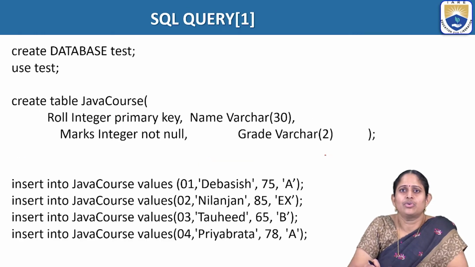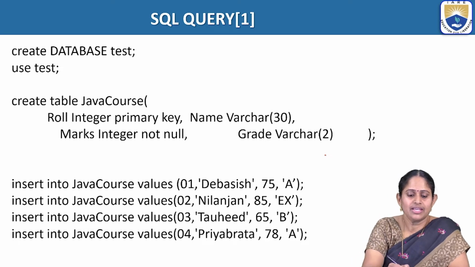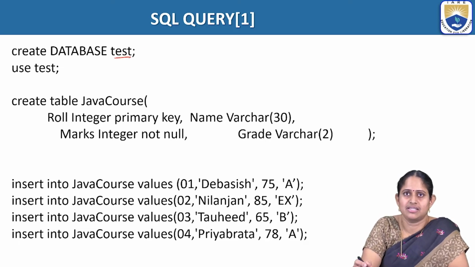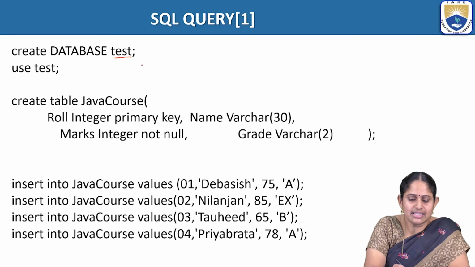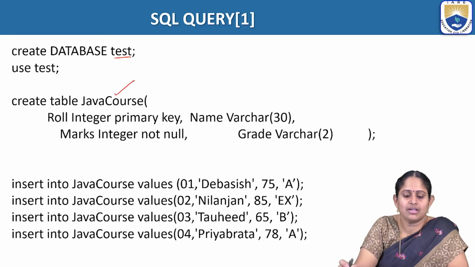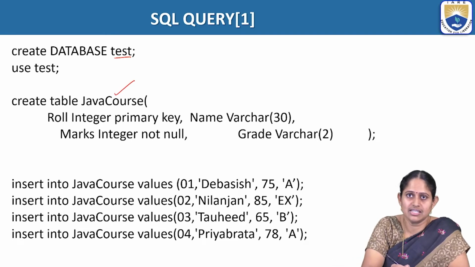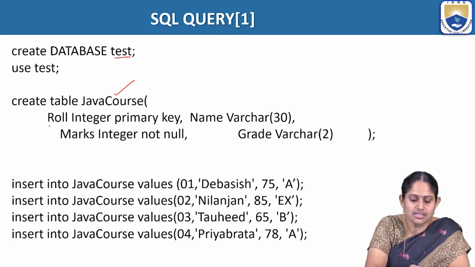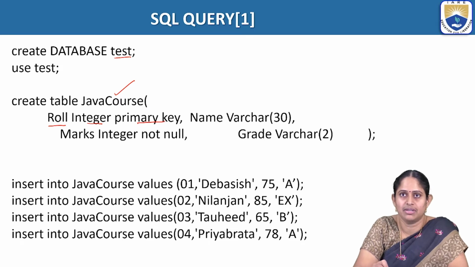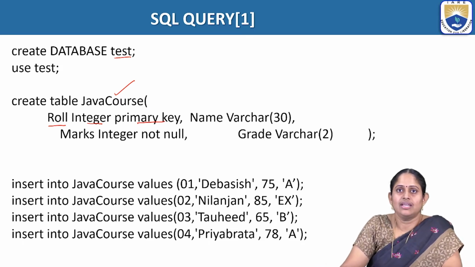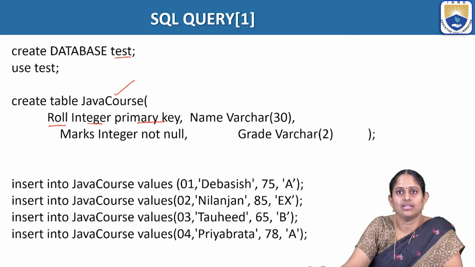Let's look into how to create a simple database. Here I am creating a database named test. Inside that test database, I am creating a table called Java course, which contains 4 columns. One is the roll number, which is of integer type, and it forms the primary key of that table. A primary key is a unique key in that table, and we make use of it to uniquely identify any row in that table.